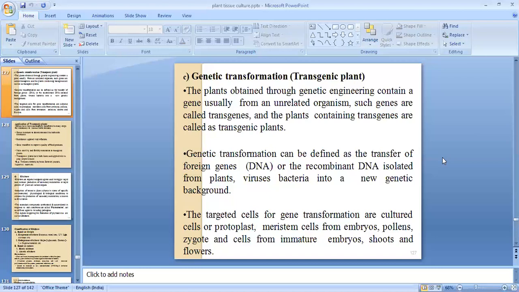That means the foreign genes can be transferred to these kinds of cells, that is, cultured cells, protoplasts, meristem cells from embryos, pollens, zygotes, immature embryo cells, shoots or flowers.